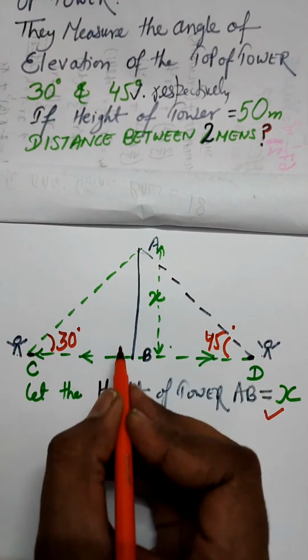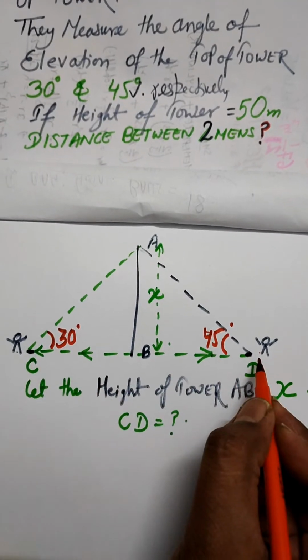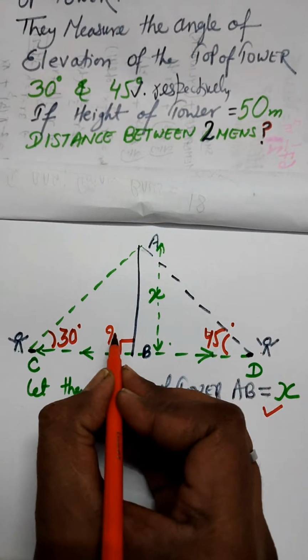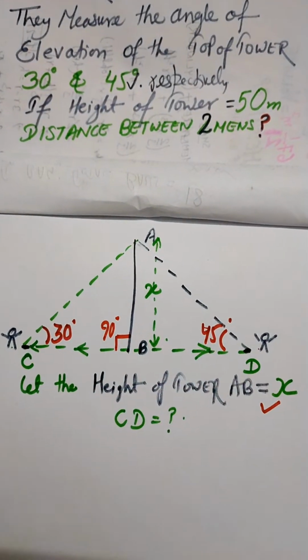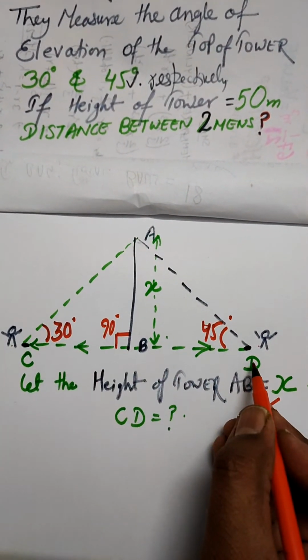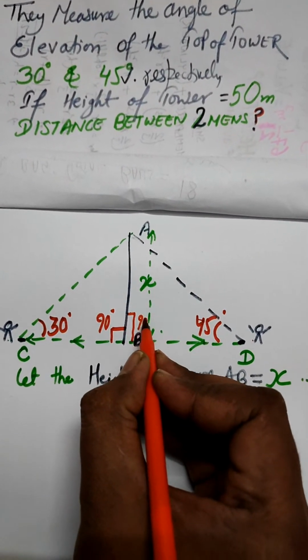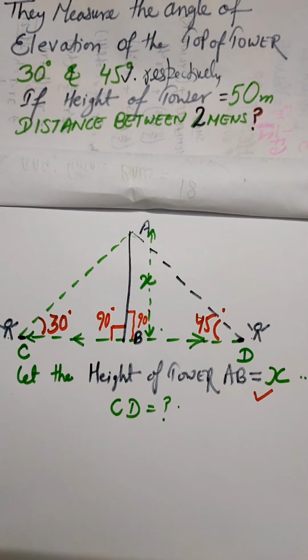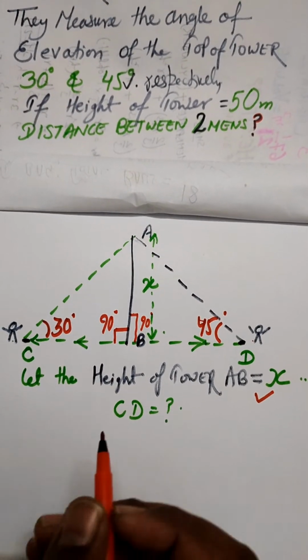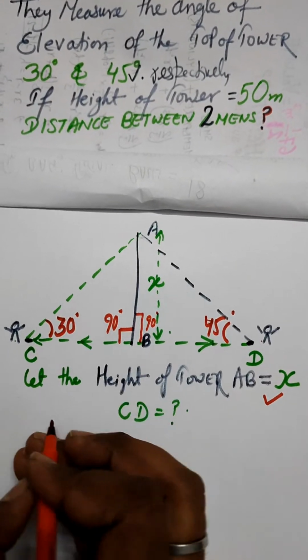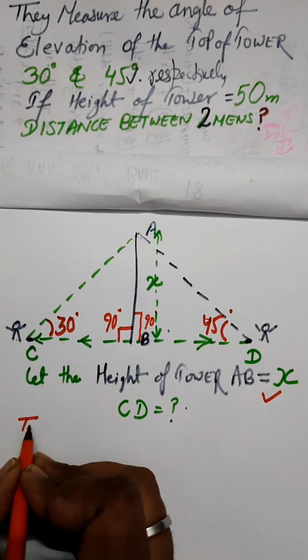We know that AB is a tower which is standing on the ground, so this will be perpendicular. So this can be said as 90 degree. And if CD is a straight line, this angle ABD is also 90 degree. The trigonometrical ratios are applicable on a right angle triangle only, so just take triangle ABC.